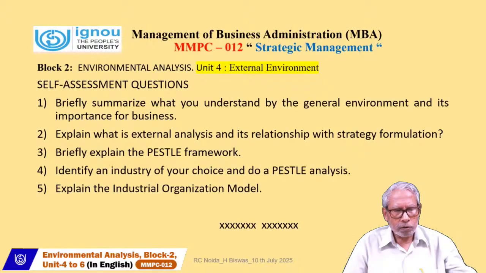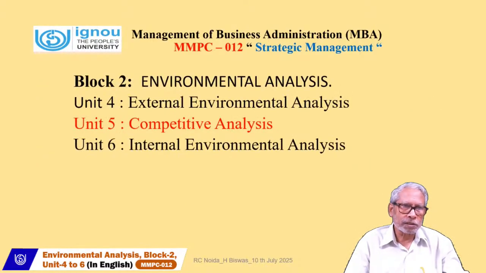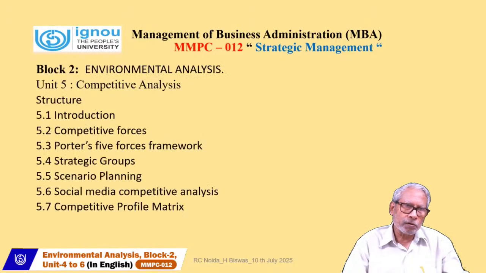Now the last unit we have to discuss is competitive analysis. So in this unit we have to see competitiveness. In this analysis, the main thing is to identify their competitors. When you are thinking about the business, before taking the strategy, we have to see the other competitors, what they are thinking, where they are now.